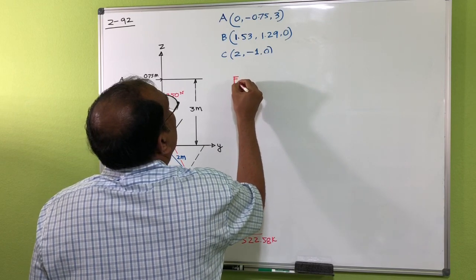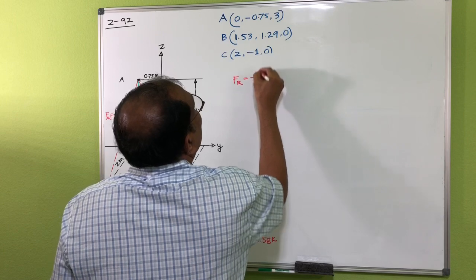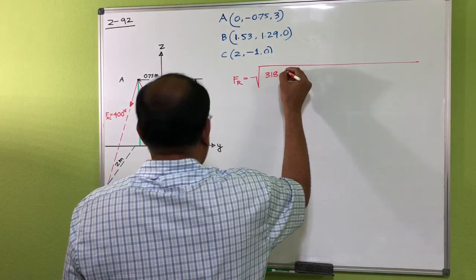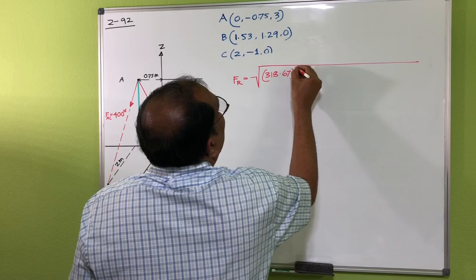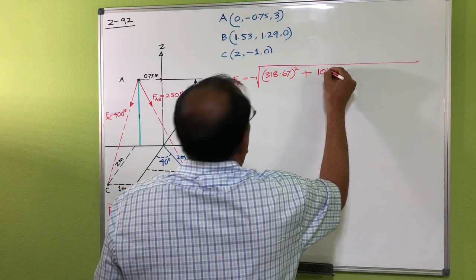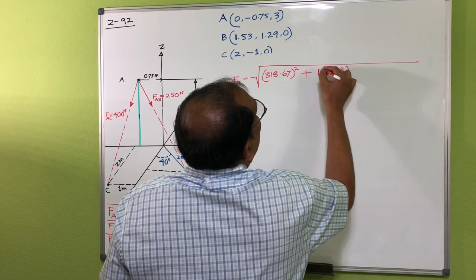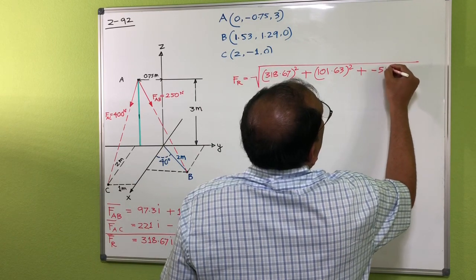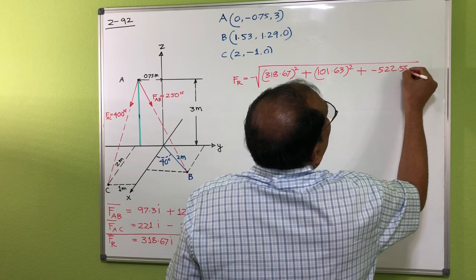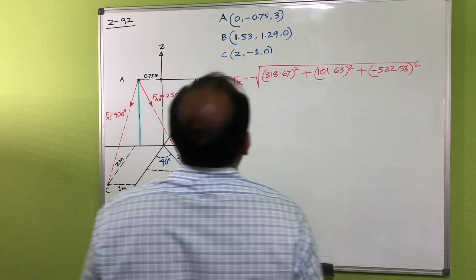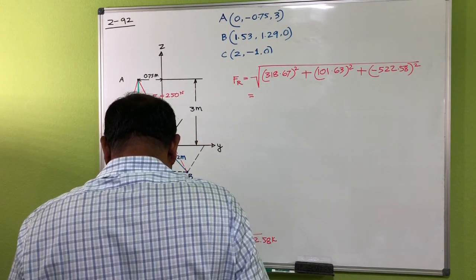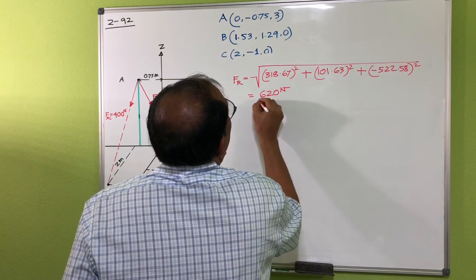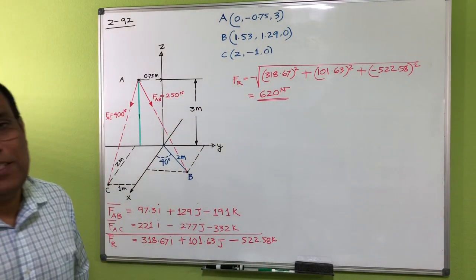So if R, the magnitude of that vector, would be 318.67 square plus 101.63 square plus minus 522.58 square, which is basically 620 Newton. That's the magnitude of this resultant vector.